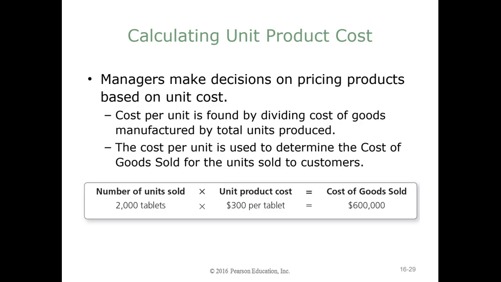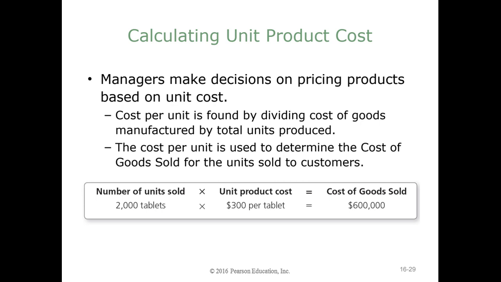Calculating unit product cost. Managers make decisions on pricing products based on unit cost. The cost per unit is found by dividing the cost of goods manufactured by total units produced.